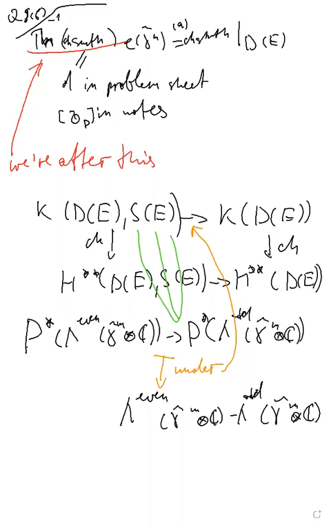Its elements are determined by triples: a vector bundle on D of E, another vector bundle on D of E, and an isomorphism of the bundles, but restricted to S of E. Okay, so what is E in this story?